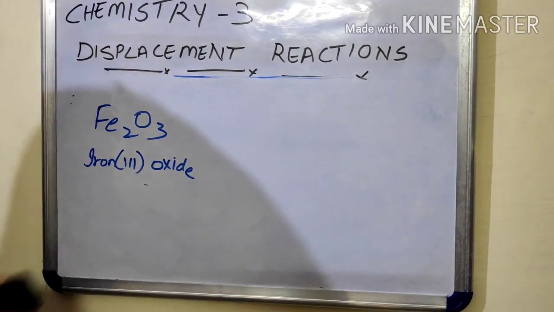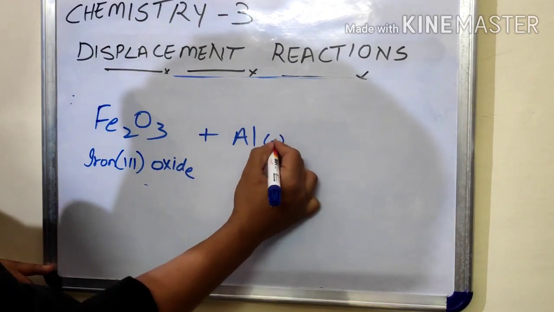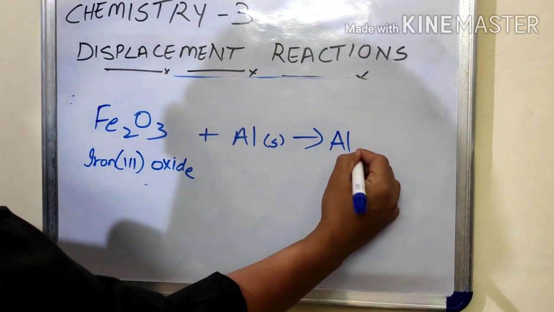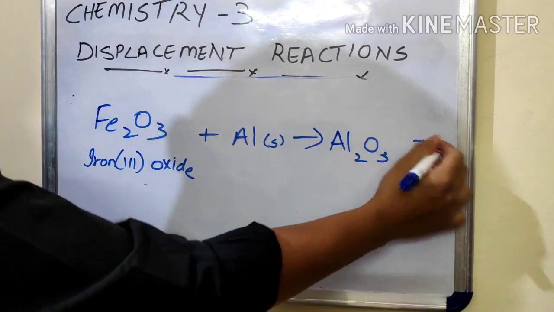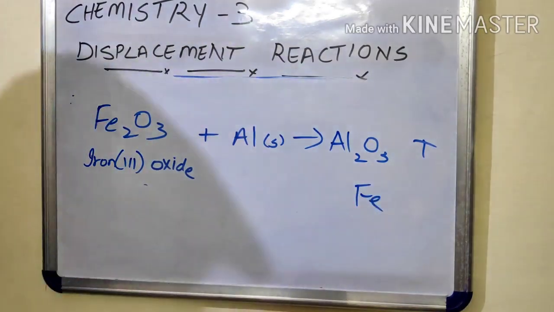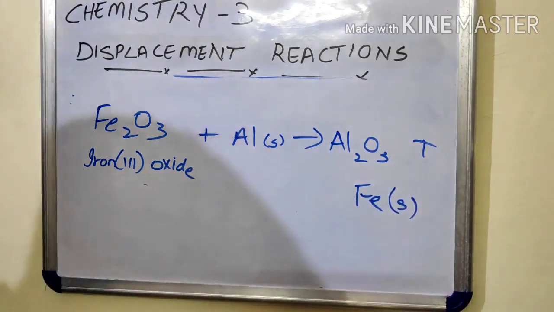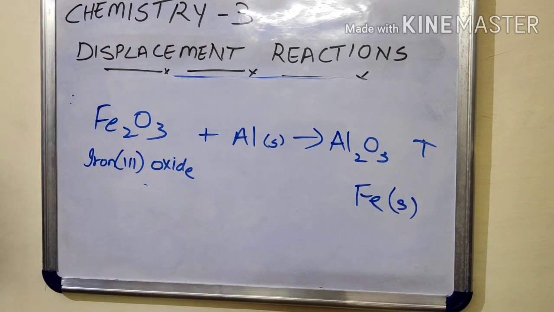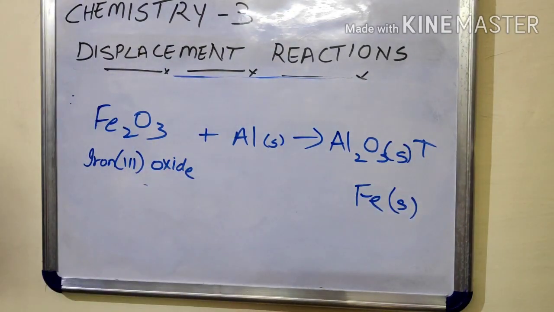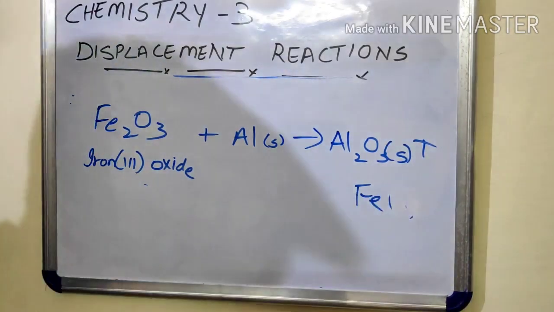Next, it's reacting with aluminium. That is your solid. It gives you aluminium oxide. Formula Al2O3 plus, last what is left? Fe. Okay. So now we have to again balance it. Fe is a solid. Al2O3 is also a solid. Here you actually get a molten state of iron. So it's not solid.